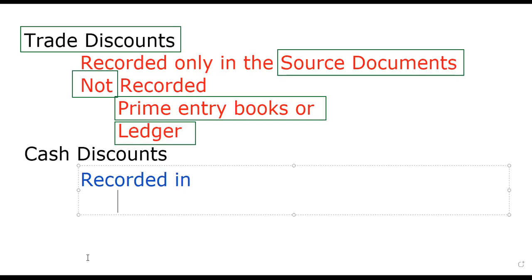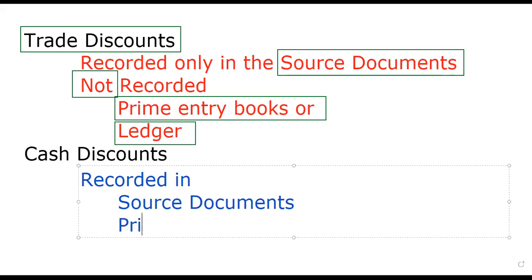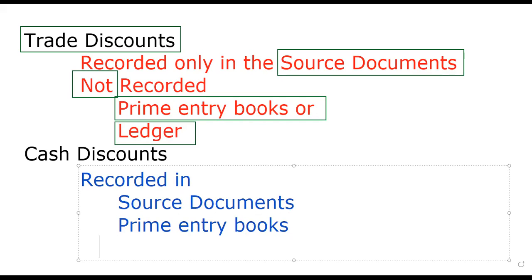Cash discounts are recorded in source documents. We have a separate prime entry book, and the cash discounts are also recorded in the ledger as well.